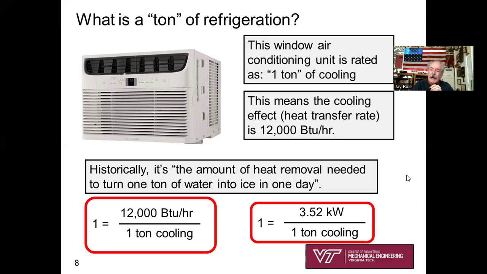The historical measure of making ice was the amount of heat removal needed to turn 1 ton of water into 1 ton of ice in one 24-hour period. So that's where the term ton was invented.